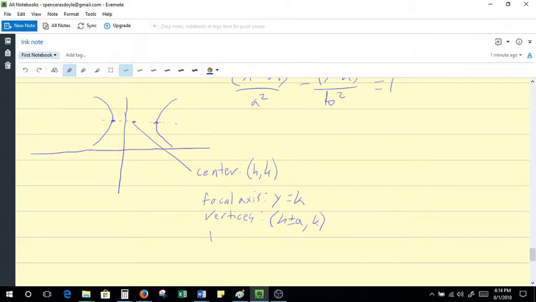So the transverse axis is going to be 2a, and then the semi would be a, and then the conjugate axis is 2b. And then, like I said, the semi-transverse would be a, the semi-conjugate would be b.